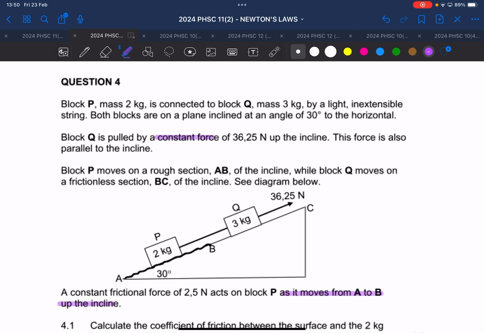It depends what type of friction there is, what weight it is, if it's going to accelerate or be at a constant velocity or stationary. So constant force is not equal to anything. Constant force just means the force doesn't change to 30 and then it's 35 and then it's 40. It just means the whole time that we're looking at the scenario, it's 36.25. That's all that it means.